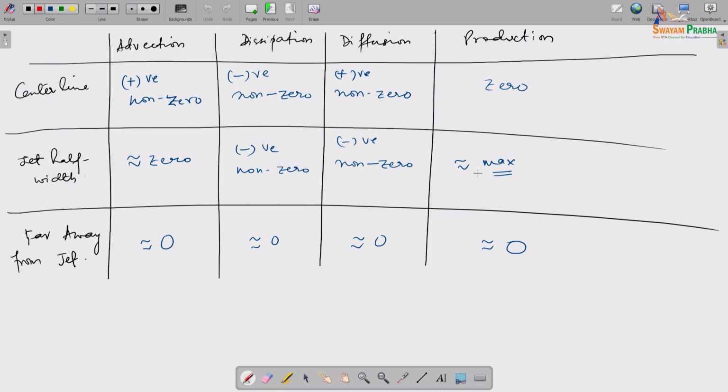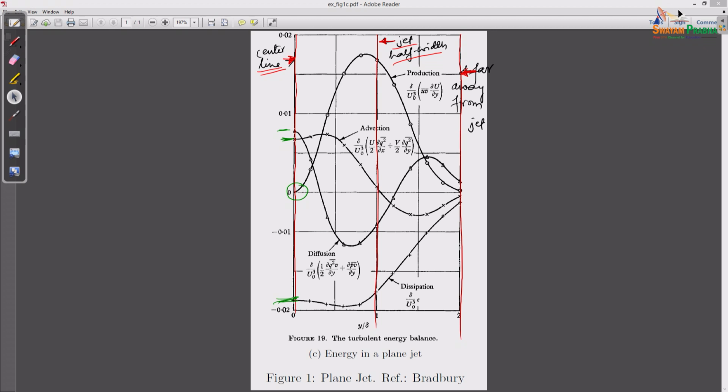So most of it is turbulent kinetic energy being produced, and dissipation and diffusion are almost negative. That's what we essentially gather from this plot here.